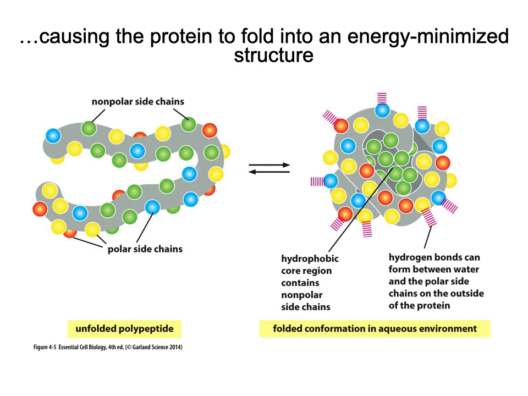So it's these interactions that are going to allow the protein to start to fold, and the protein will always fold in an energy minimized structure. So whatever the least resistance is. So we can see how we have this unfolded protein. We have these non-polar side chains, which are in the green, and then we have our other polar side chains in our unfolded polypeptide.